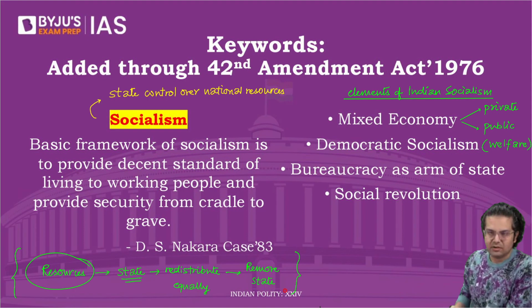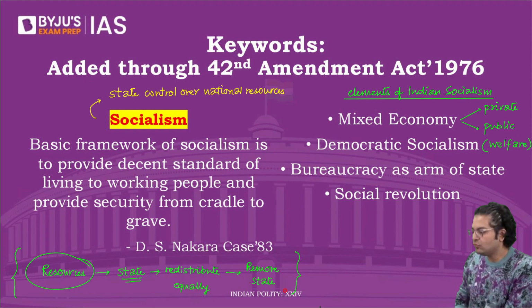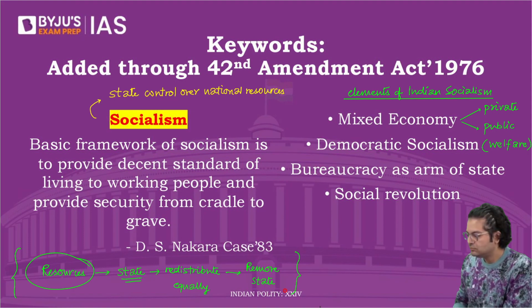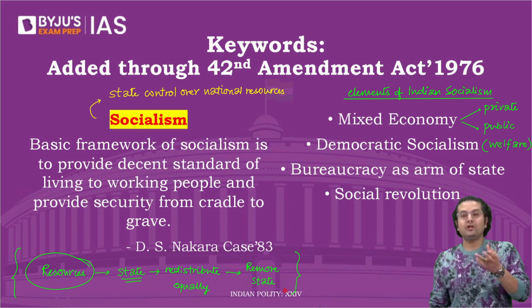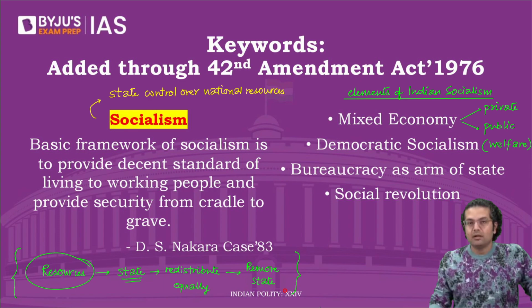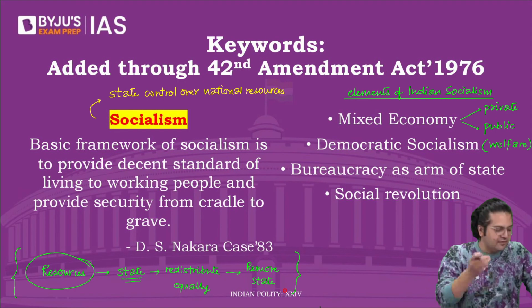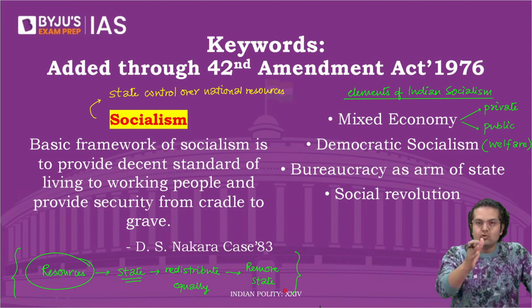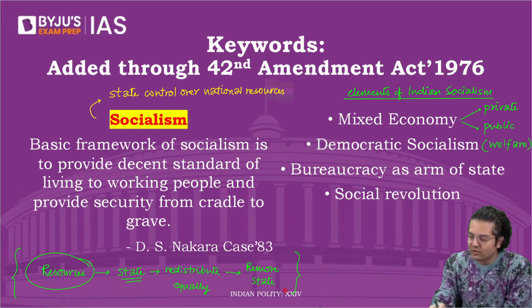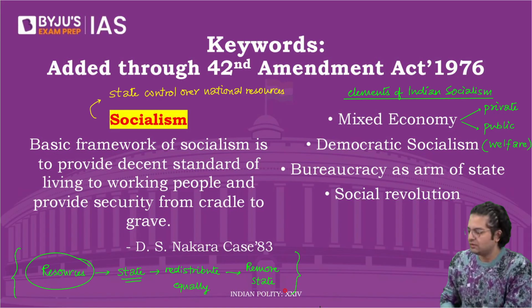What is bureaucracy? When any political party wins the election, what does it get? It gets to control you, the bureaucrat. And that is why the political party which comes to power has a vision, and you are going to turn that vision into reality. So bureaucracy is an instrument of the state.